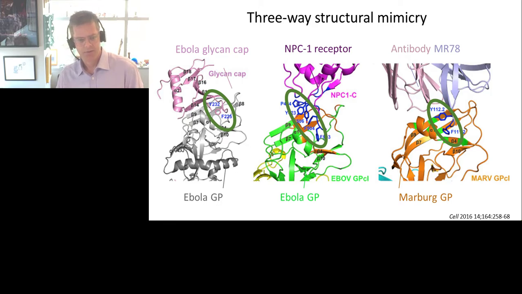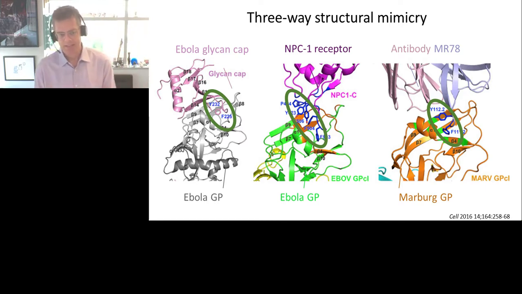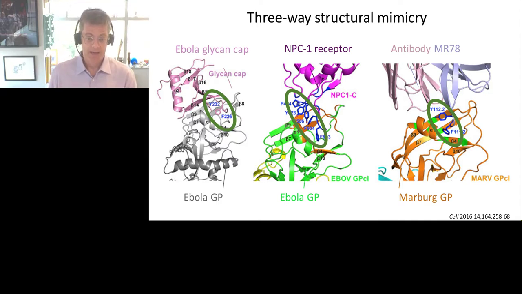So this was the first case I'm aware of in which a viral protein, a human host protein, and an antibody all use similar structural and biochemical motifs to create pi-pi interactions to make the ligand bind. And it also shows that this antibody mimics the receptor, and that's why it's neutralizing.